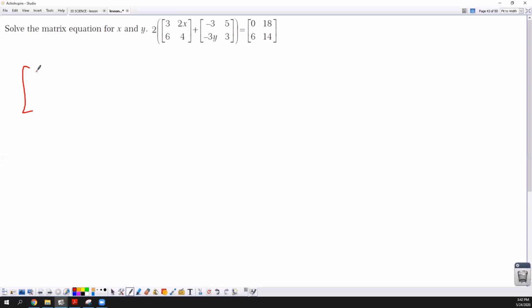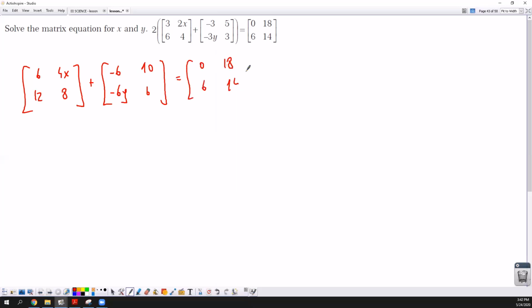And we will have 6, 4x, 12, and 8, right? And plus 2 by negative 3, negative 6, 2 by 5, 10, negative 6y, and 6 is equal to 0, 18, 6, and 14. Okay.